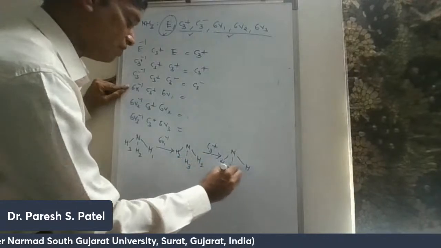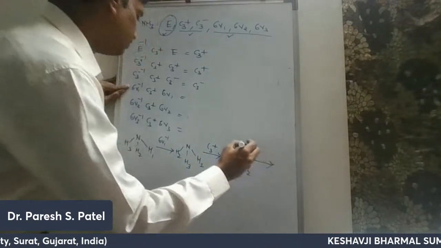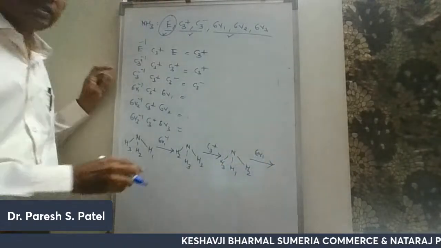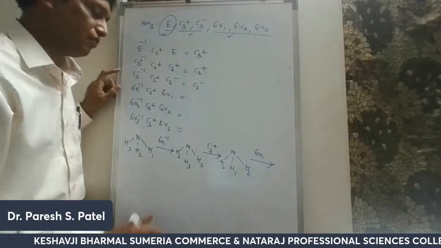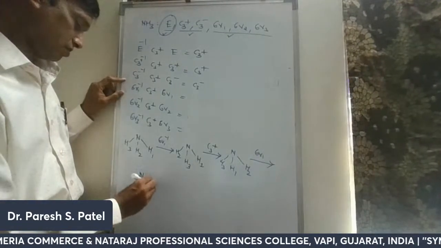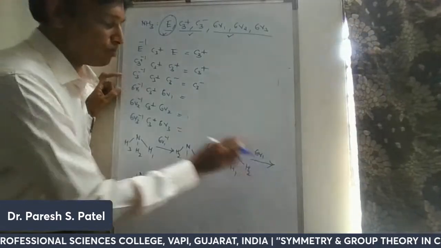C3 plus means 1, 3 and 2. Now this is important. Rotation followed by the reflection. Rotation followed by the reflection means we have to consider the position before the rotation. This is rotation followed by the reflection.